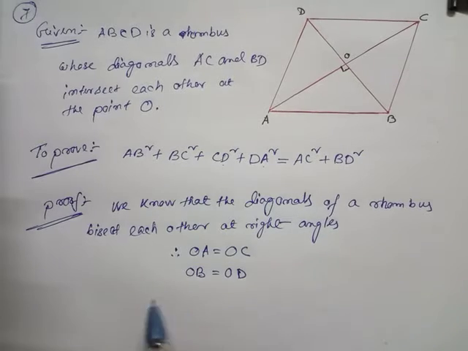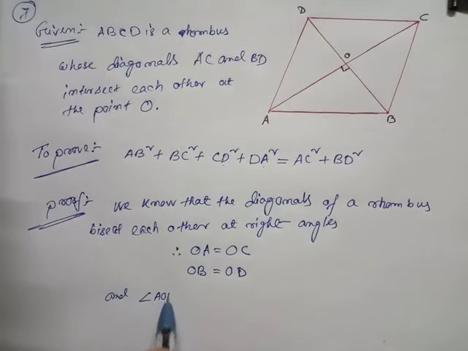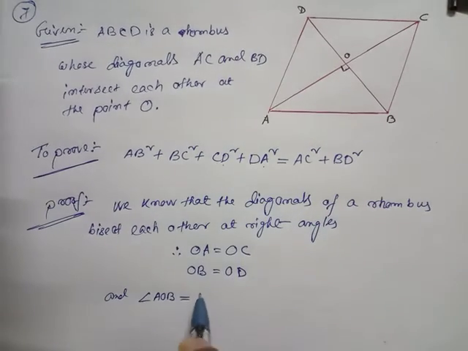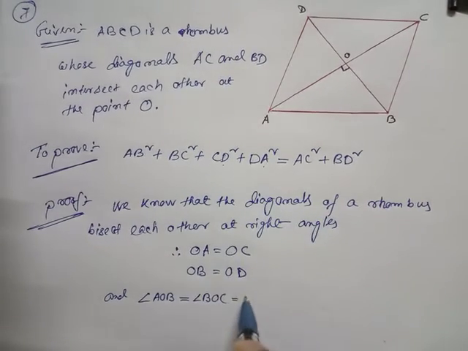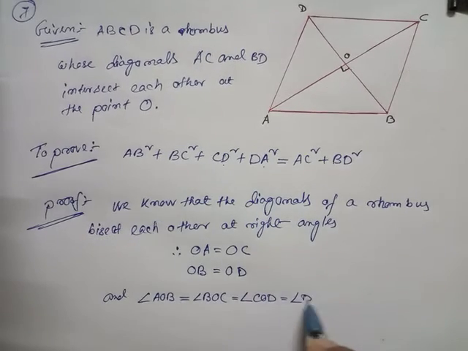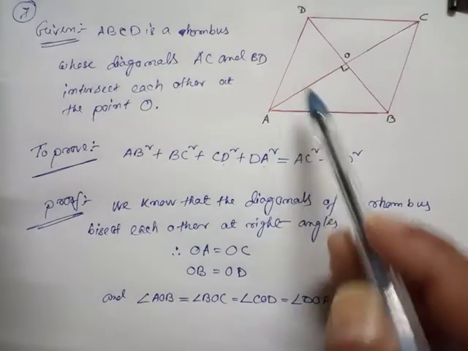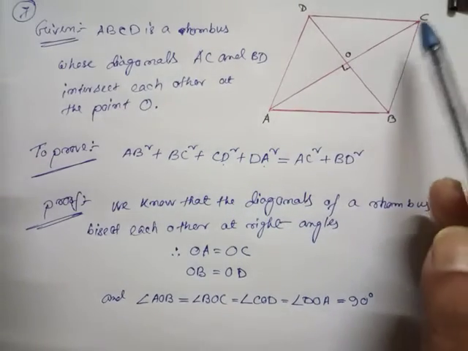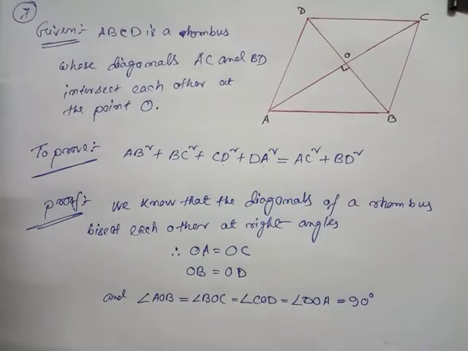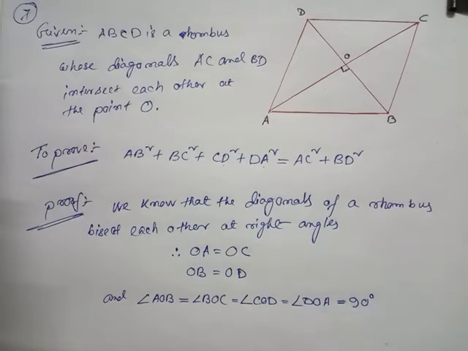Now we write down here angle AOB equal to angle BOC equal to angle COD equal to angle DOA, these four equal to 90 degree. This is the initial part of the proof.